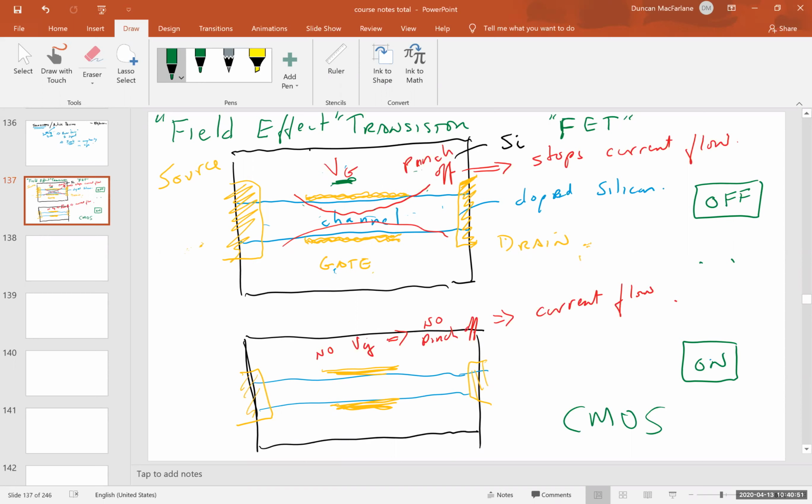Okay, so I wanted to do this for a couple of reasons. One is because naturally in the flow of circuits, you move from passive components, which are resistors, capacitors, and inductors, to active components that require a voltage to operate. That V sub G has to come from somewhere. Where does it come from? It comes from a battery or a power supply that you plug into the wall.